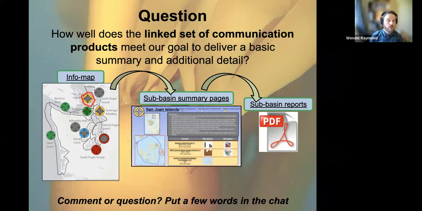So I have our next question for you. How well does the linked set of communication products meet our goal to deliver a basic summary and additional detail? We're just looking for your gut reaction right now, and we're going to get more into the details of this later. If you have any quick comments or questions, you're free to put a few words in the chat.